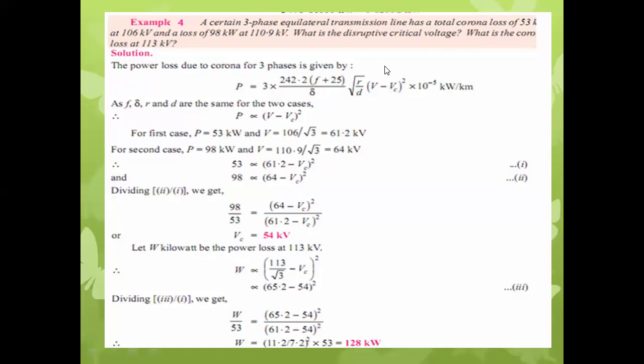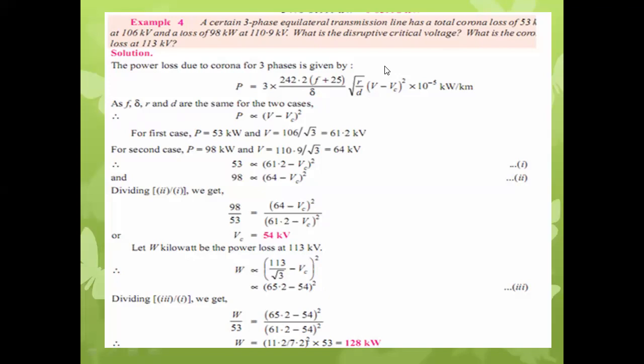Okay, 98 divided by 53 is equal to 64 square minus 2 into 64 into Vc plus Vc square, over the denominator 61.2 whole square minus 2 into 61.2 Vc plus Vc square.